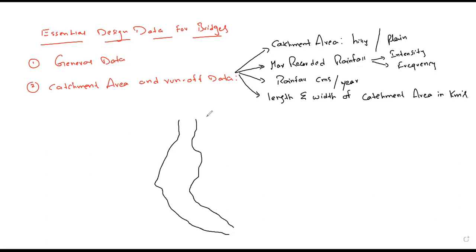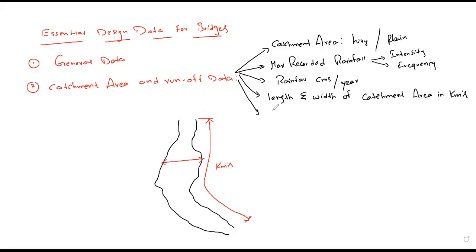I should know the maximum width of this stream and the total length of this stream, in terms of kilometers. This information I also need for designing the bridges. Length and width of catchment area in kilometers.